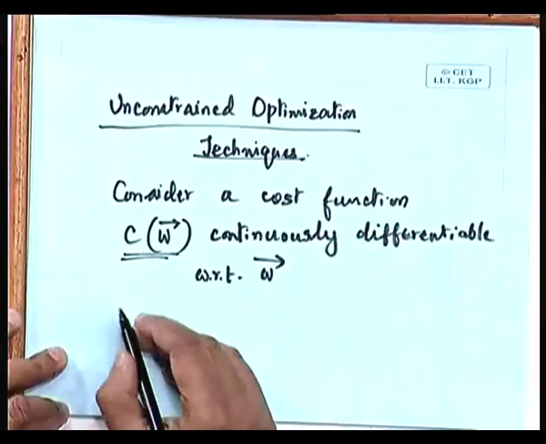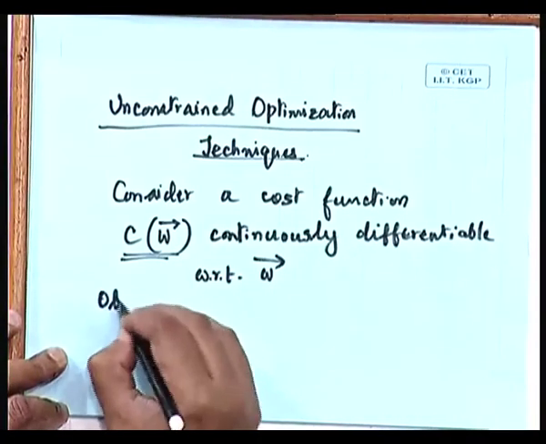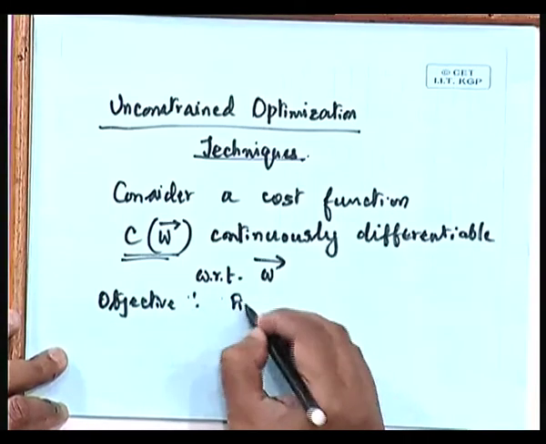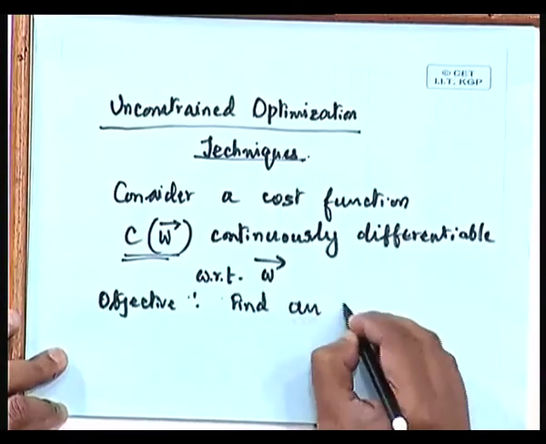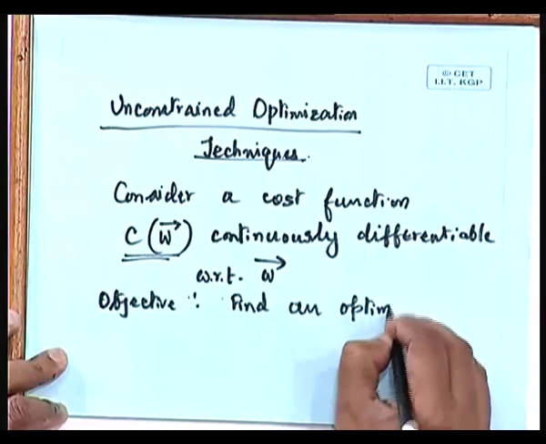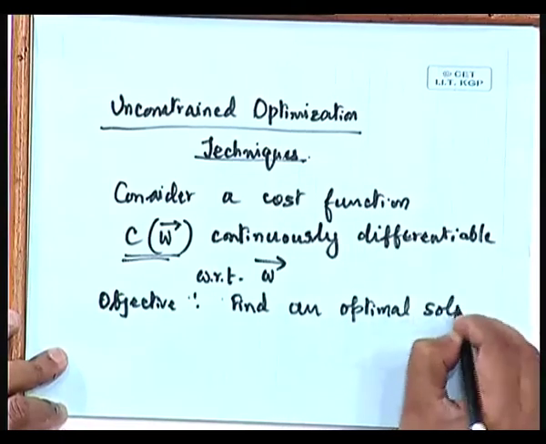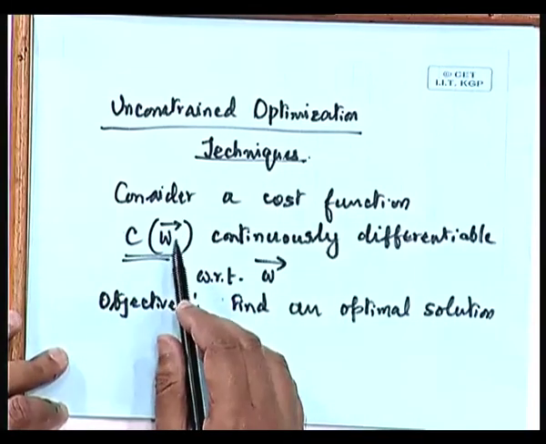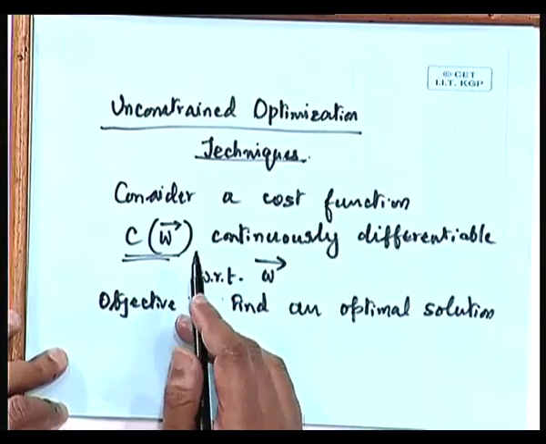So, our objective is to find an optimal solution. Find an optimal solution of what? Because we are going to adjust what? We are going to adjust the weights, that means to say this W is something that we are going to adjust.